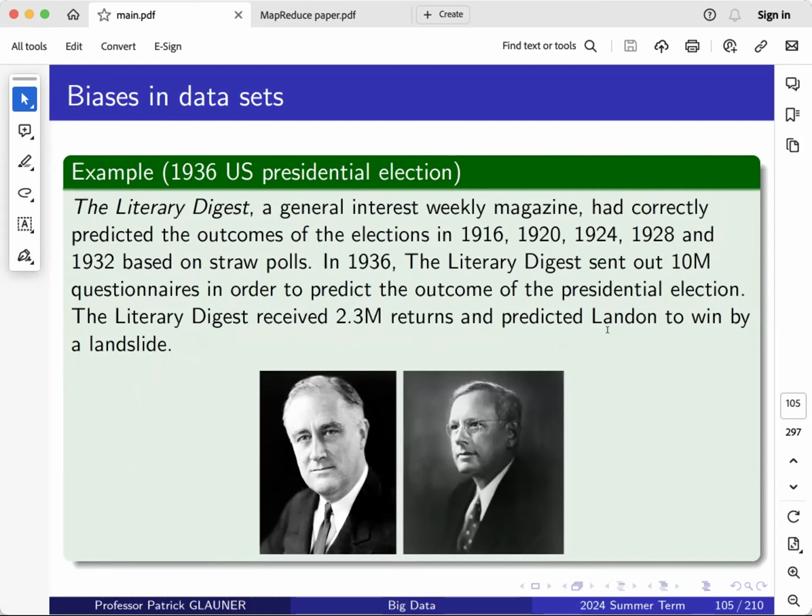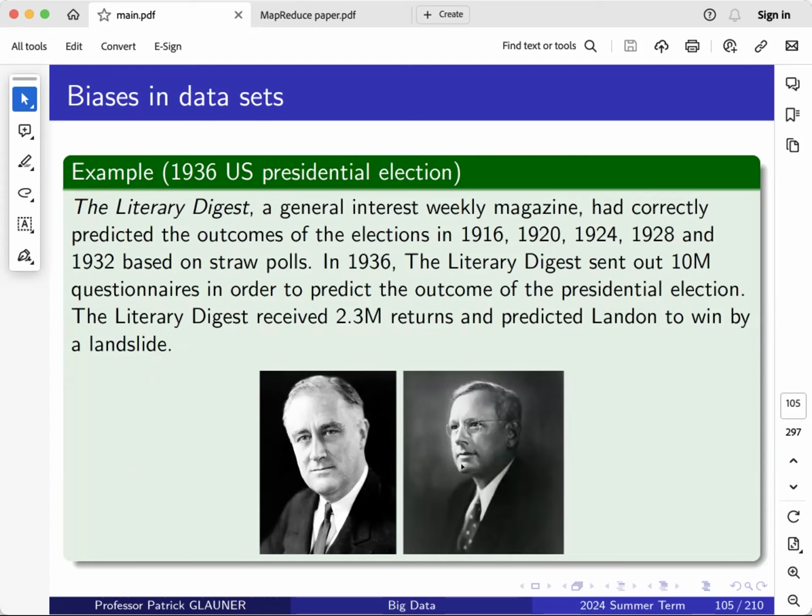There was a famous magazine, the Literary Digest, that had correctly predicted the outcomes of the elections in 1916, 20, 24, 28, and 32 based on polls. In 36, they wanted to predict the election again, and they sent out 10 million questionnaires. They received 2.3 million returns, and they predicted that Landon would win.